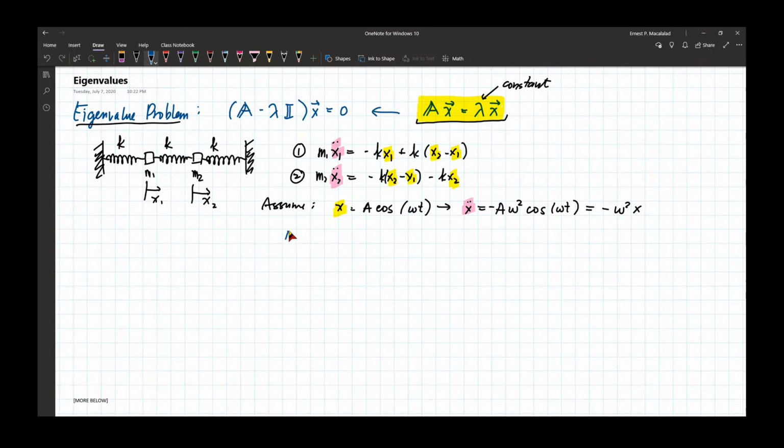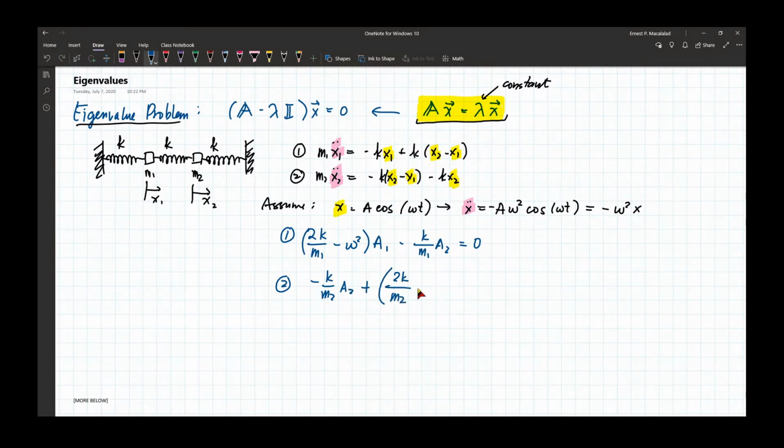So equation number 1 becomes (2k over m1 minus omega squared) a1 minus k over m1 a2 equals 0. And the second equation becomes negative k over m2 a1 plus (2k over m2 minus omega squared) a2 equals 0. Sorry, this should be a1.